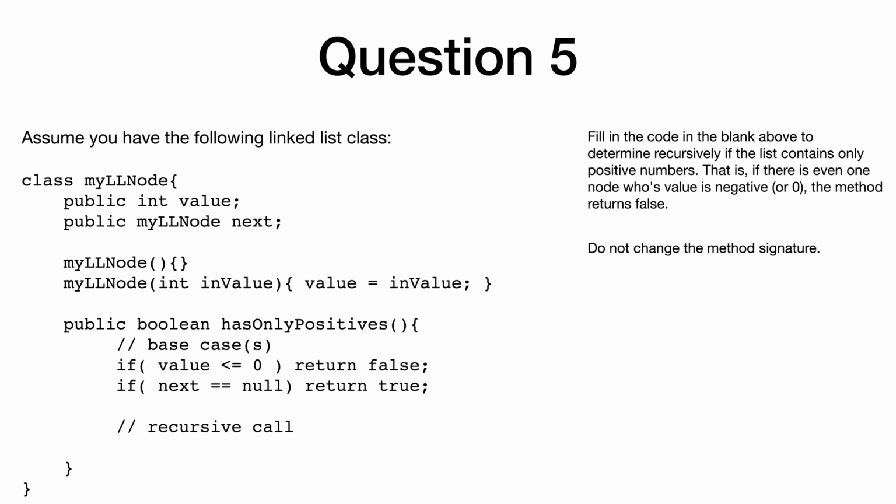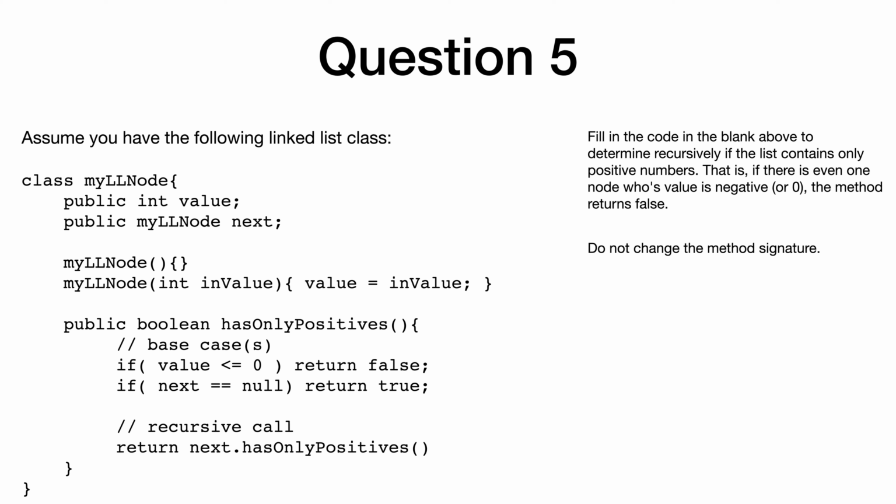So then we need to make a recursive call, and that recursive call just returns our neighbor's value. I have a positive value, so my list can only have a non-positive value if my neighbor's list has one.